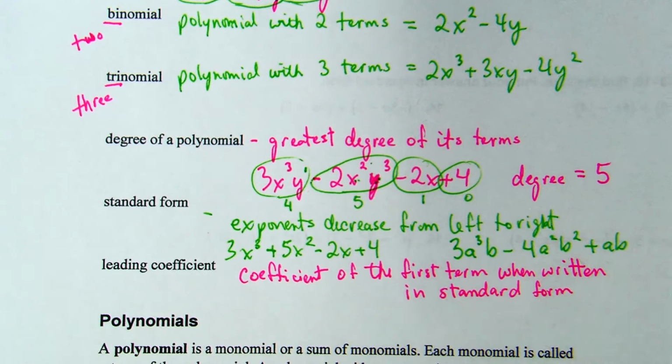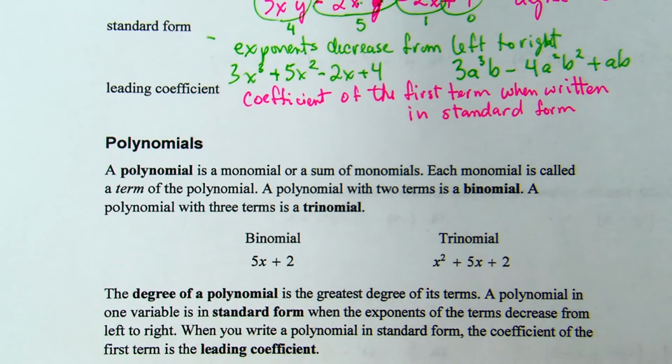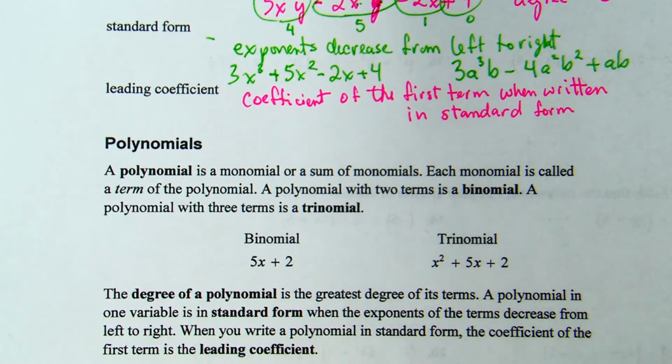And that's important. We need to know what the leading coefficient is in some cases. To find that, we look at the coefficient of the first term when we get it into standard form.